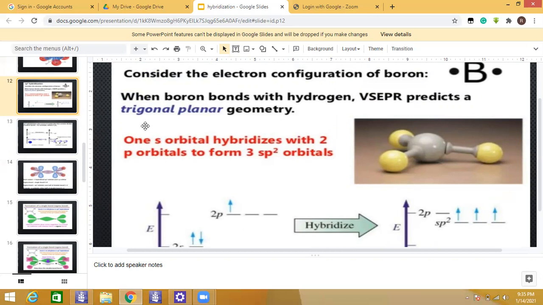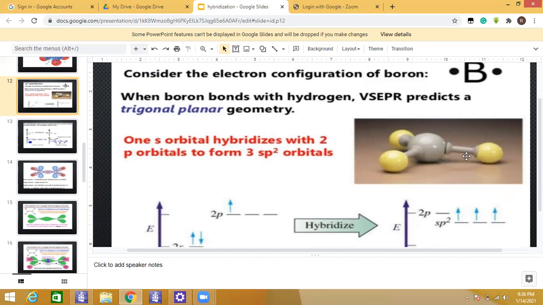Next we have the sp2 hybridized orbital. As you know, take an example of boron trifluoride like this. Or you may take an example of BH3 or BCl3, boron trichloride.